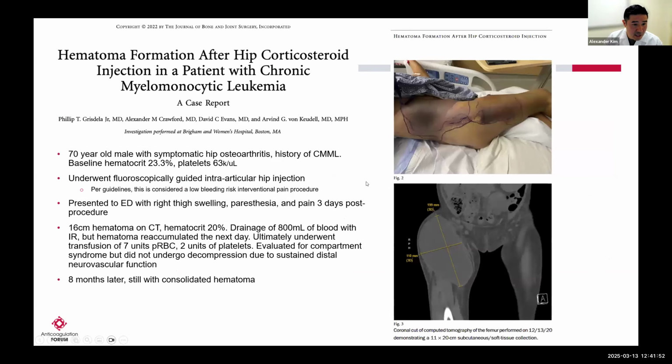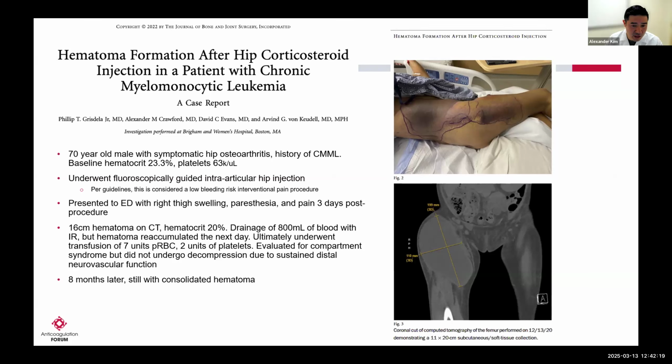The last case I wanted to highlight is a hip injection. A 70-year-old male with symptomatic hip osteoarthritis with a history of leukemia had baseline anemia and thrombocytopenia down to 63. The patient underwent an X-ray guided intra-articular hip injection. Per those guidelines in the table that I showed earlier, this is categorized as a low bleeding risk pain procedure.